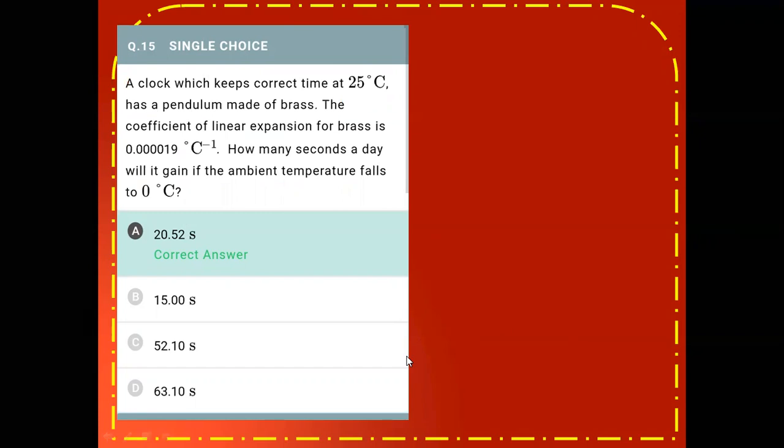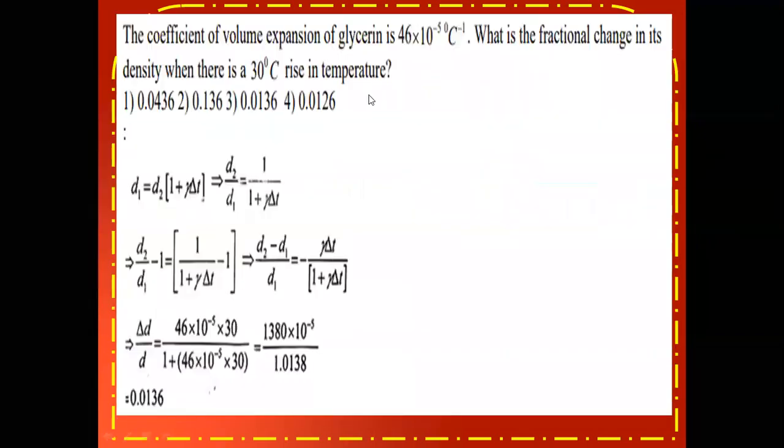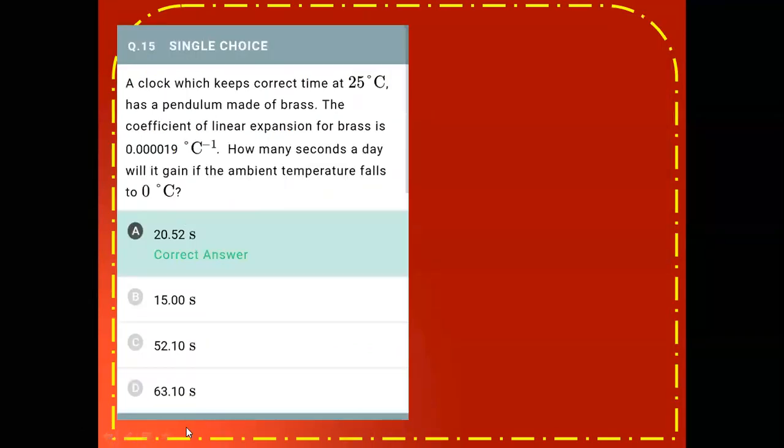So a clock gives correct time at 25 degrees Celsius means it is the calibrated temperature. Other than this temperature, if the pendulum is operating, it will show the wrong reading only.